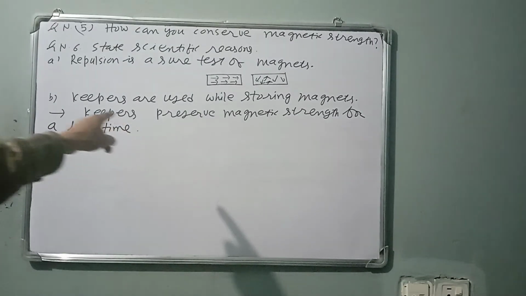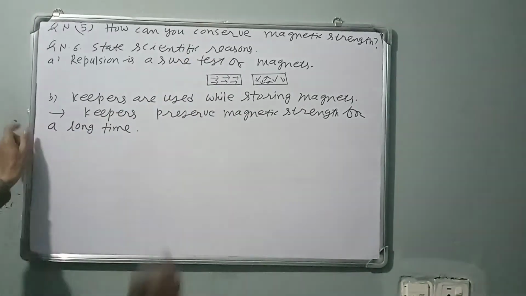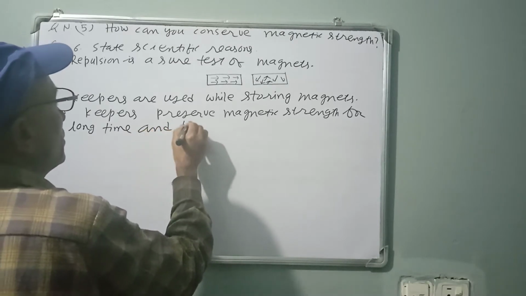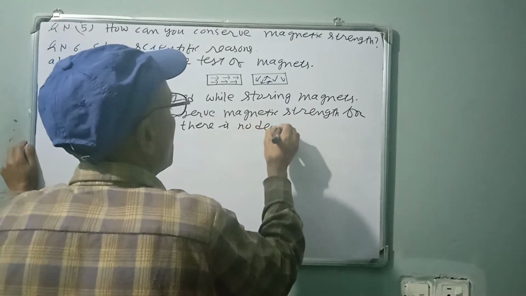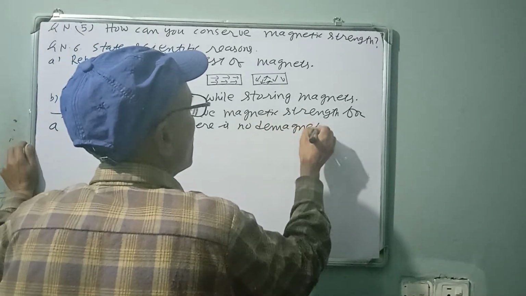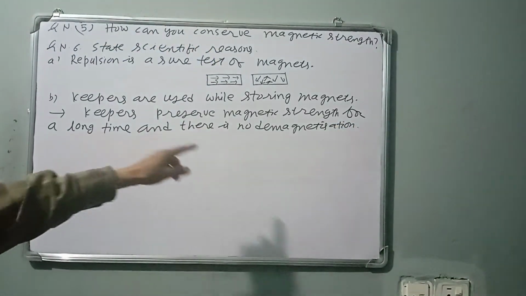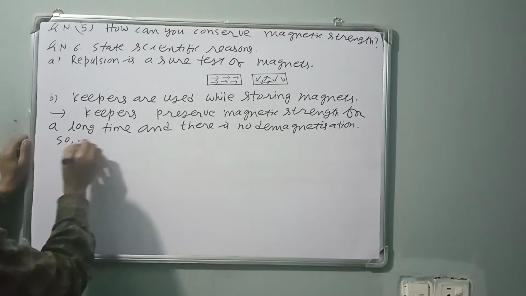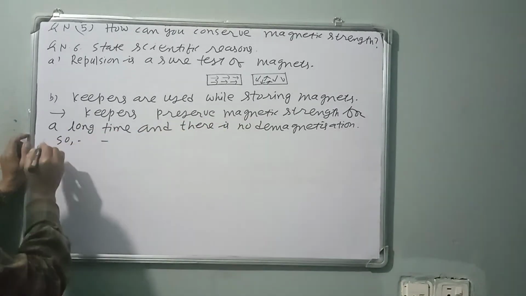When we use keepers, magnetic strength is kept for a long time, and there is no demagnetization, or demagnetization is decreased. So just write down: they are used while keeping or storing magnets.